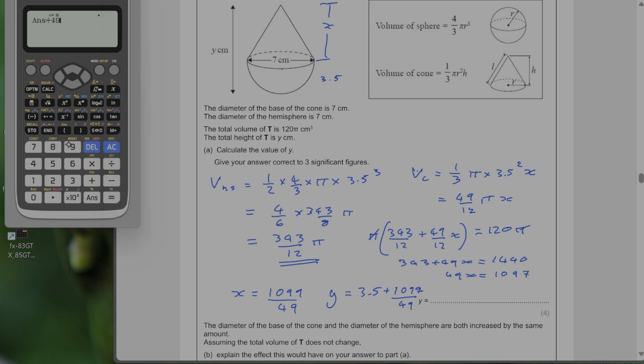So I want that divided by 49 is going to equal that. And then I want to do 3.5 plus my answer. So that is 25.9887 dot dot dot. So to three significant figures, that's going to be 25.9.